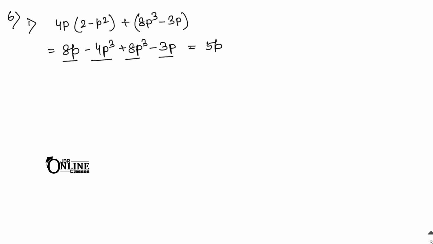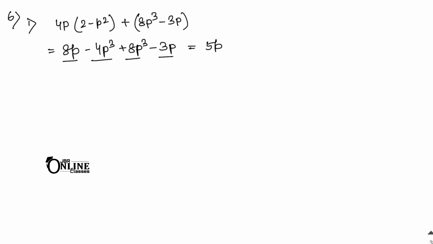Clear? So now here 56xy, sorry, x square y, then here 14xy square, then 21xy, then here 12xy cube, then here 28x square y square, and the last one here 32xy square.